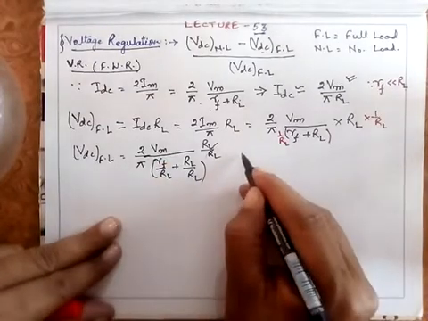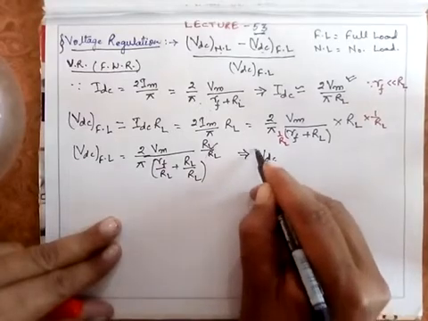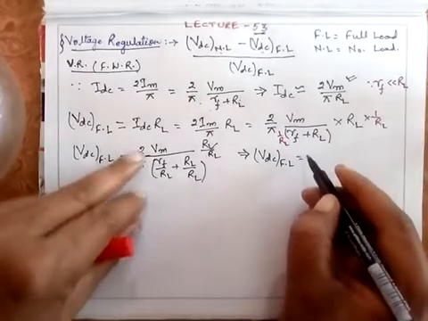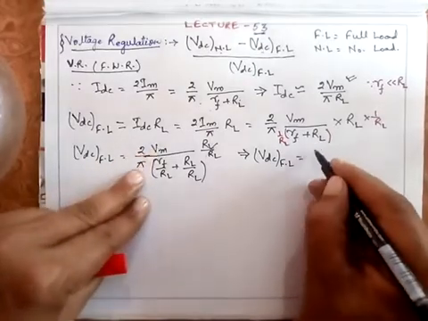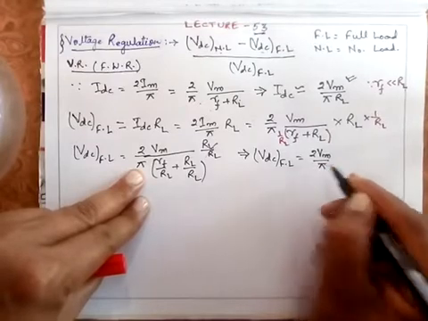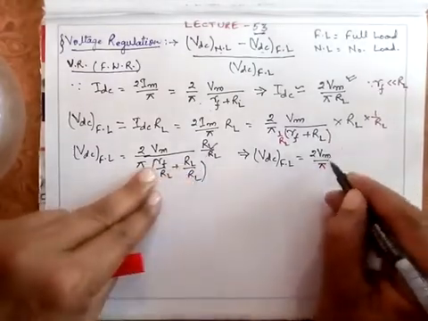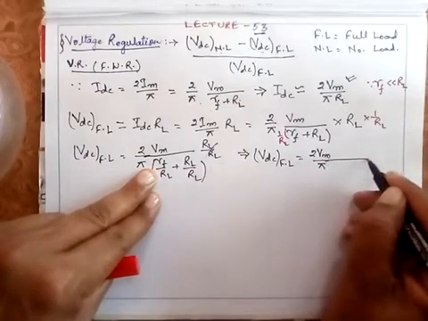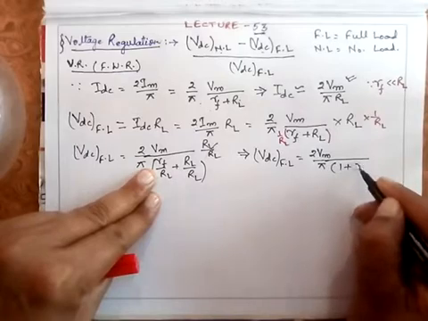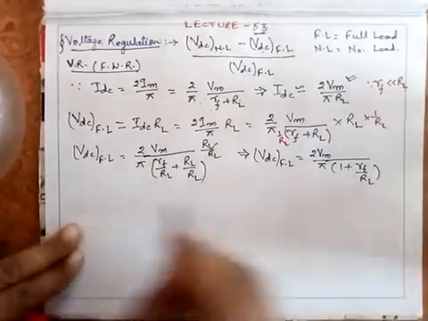This implies that I can say that this VDC under full load condition will be twice Vm by pi, and this factor is 1 plus Rf upon RL. Of course in denominator this factor will be 1 plus Rf upon RL.